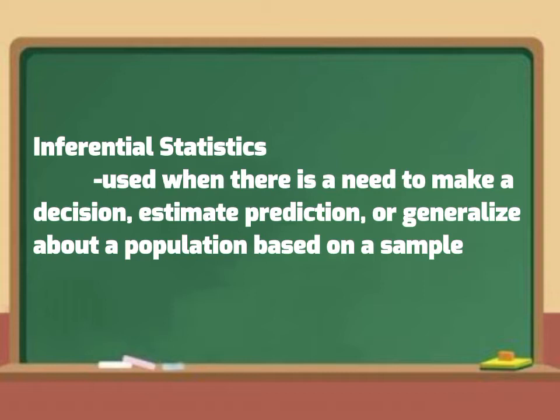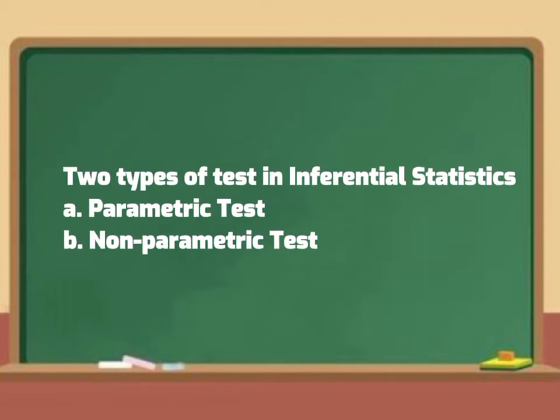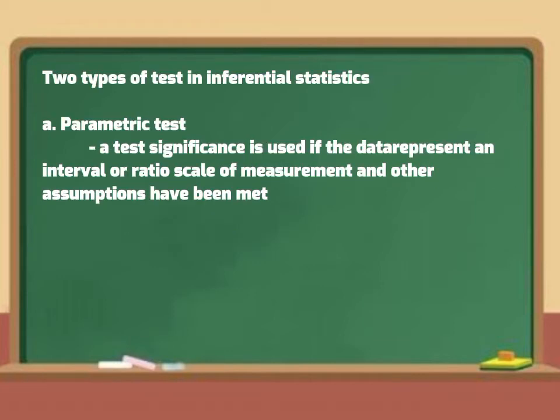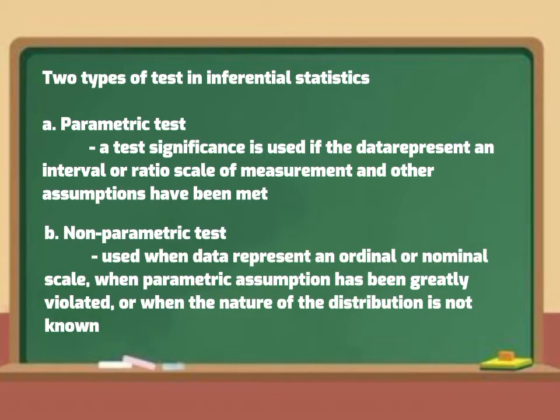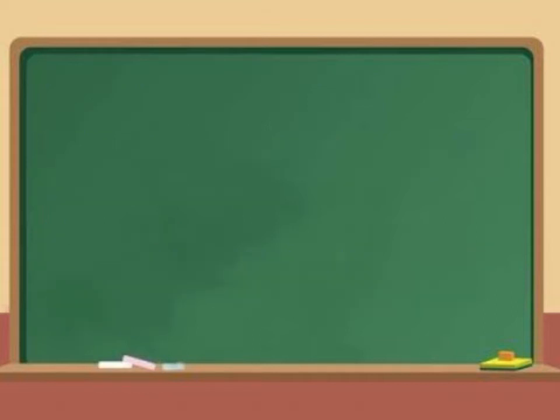We have two types of tests in inferential statistics. These are the parametric test and the non-parametric test. Parametric test is a test of significance used if the data represent an interval or ratio scale of measurement and the other assumptions have been met, while non-parametric test is used when data represent an ordinal or nominal scale, when parametric assumption has been greatly violated, or when the nature of the distribution is not known.